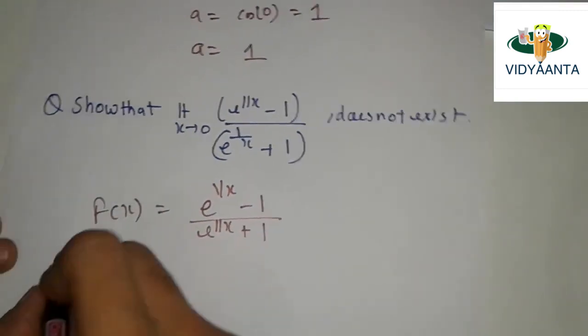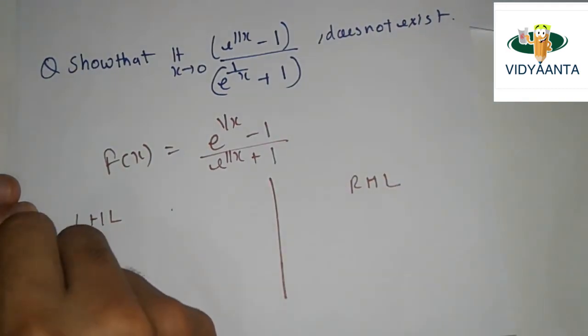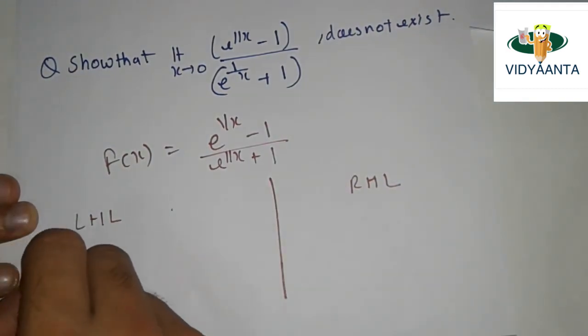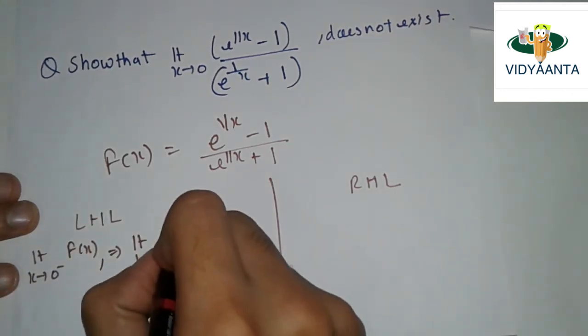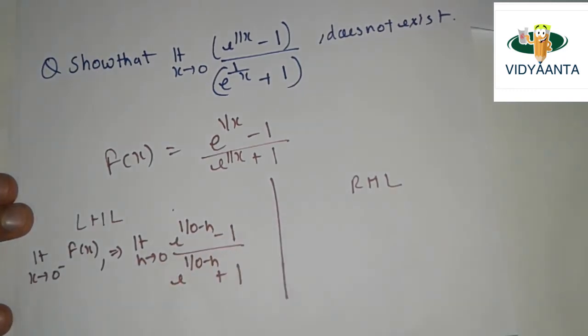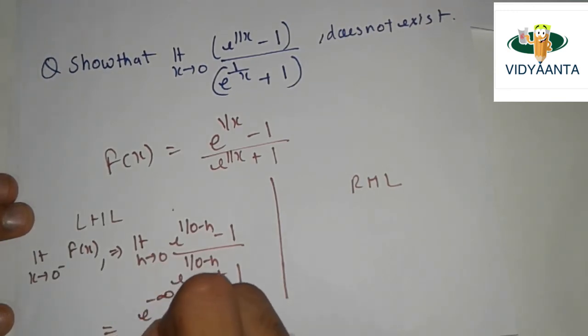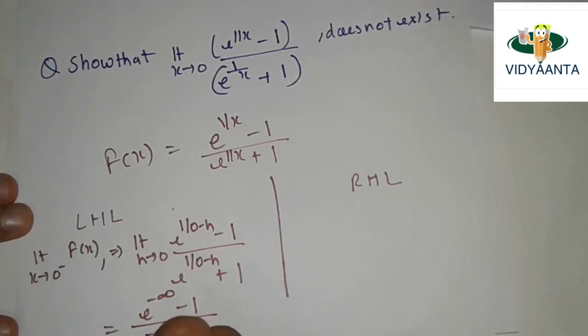Now again, left hand limit x tends to 0 minus, it would be equal to (e raised to power minus infinity minus 1) over (e raised to power minus infinity plus 1).